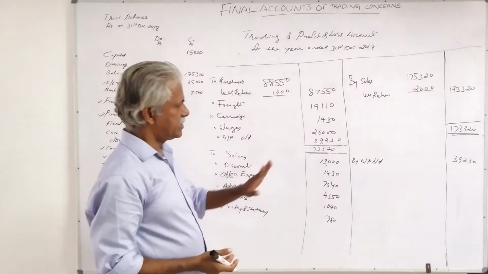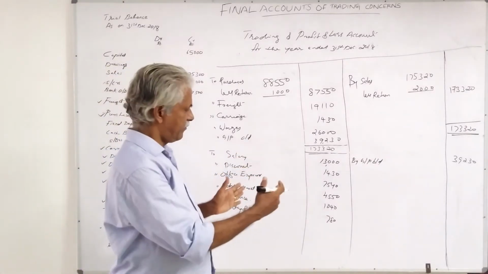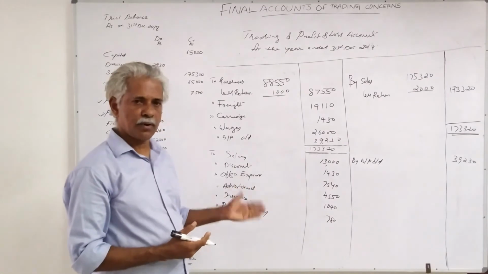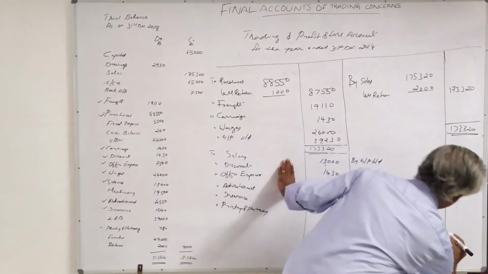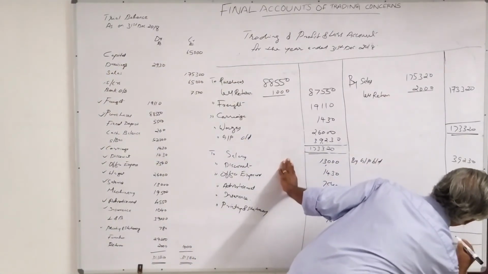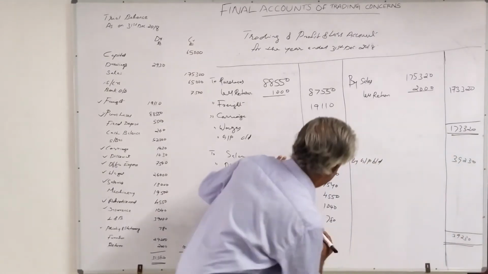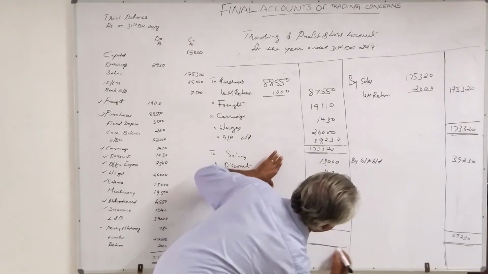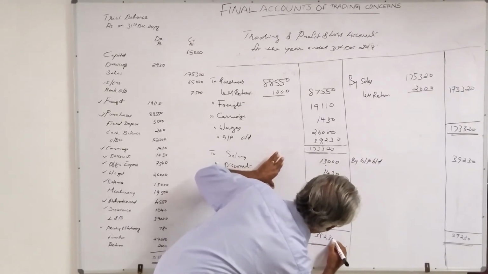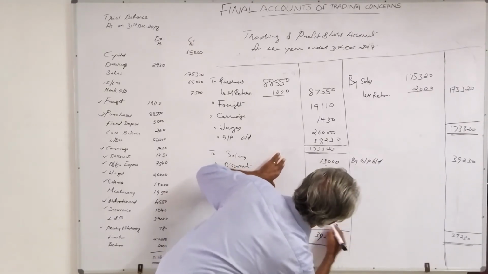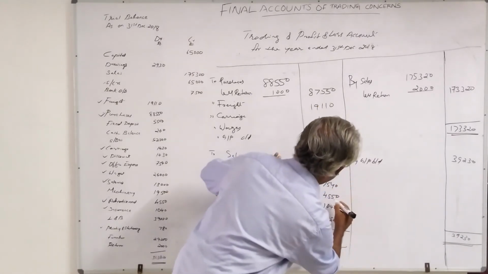Now we have to balance the second part, that is the profit and loss account. Here the credit side is greater, therefore the difference represents a net profit. Then find out the balance. The total here is 39,230. Here also 39,230. Then balance in the account.